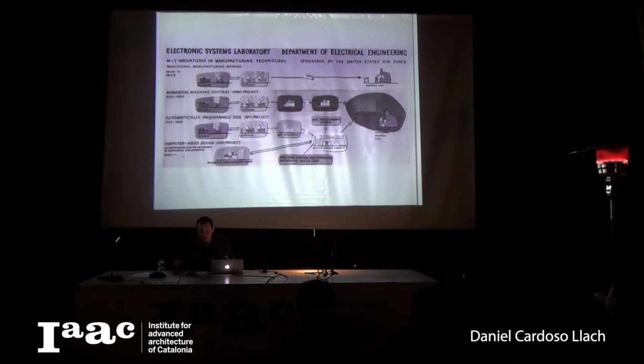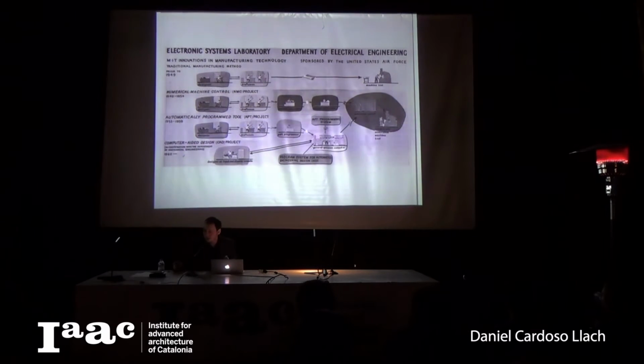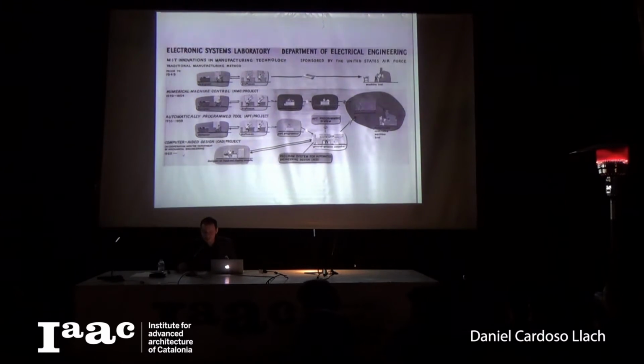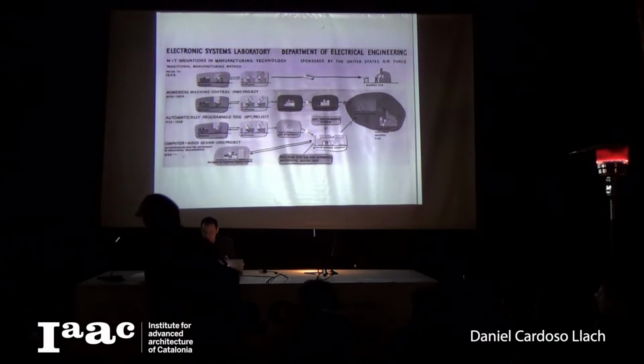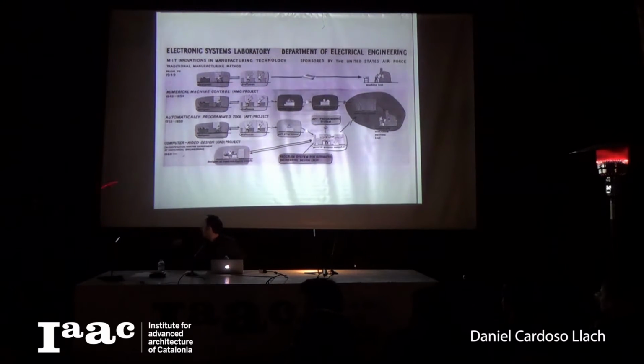And I really like this image because the top part of the image shows the original process where the designer gives the images to a draftsman, and then the blueprints are used. So the designer here, there's only a couple of steps between the designer and the machine.